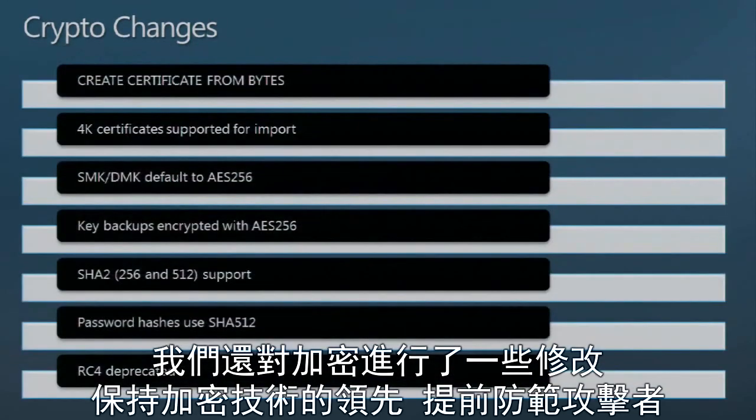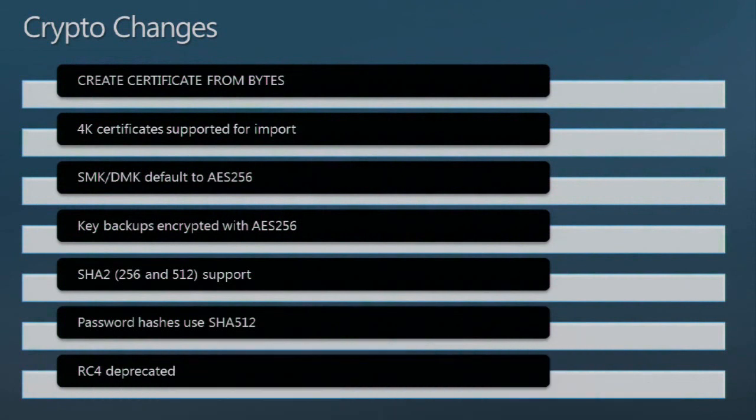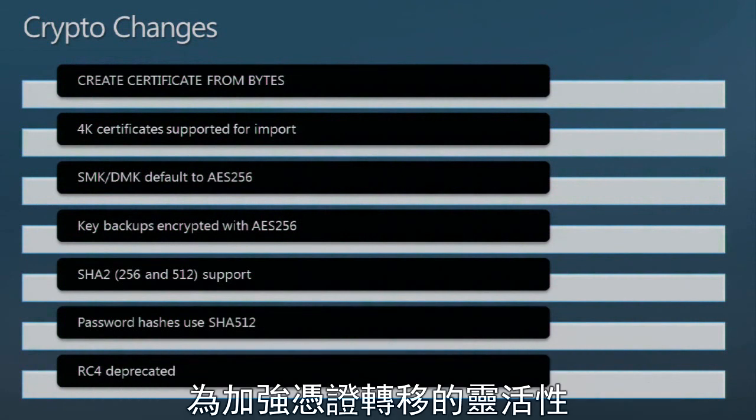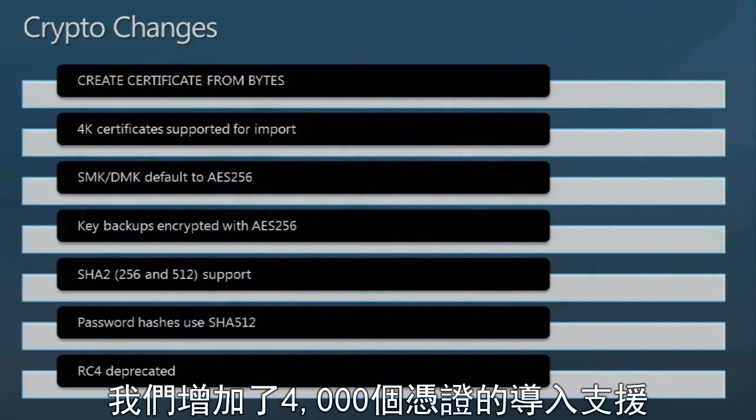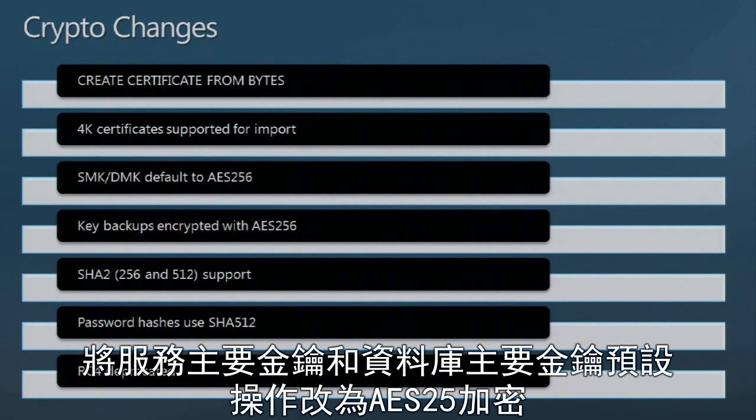We've also made some cryptographic changes to try and keep up with the times and ahead of attackers. For greater flexibility in moving certificates around, we've added DDL to allow you to create certificates from bytes. We've added support for 4K certificates for import. We've changed the default for our service master key and database master keys to AES 256 encryption.